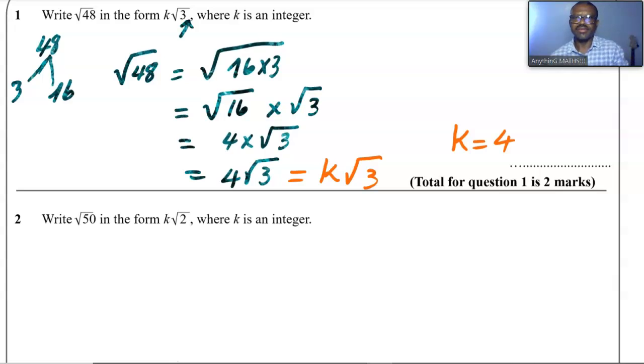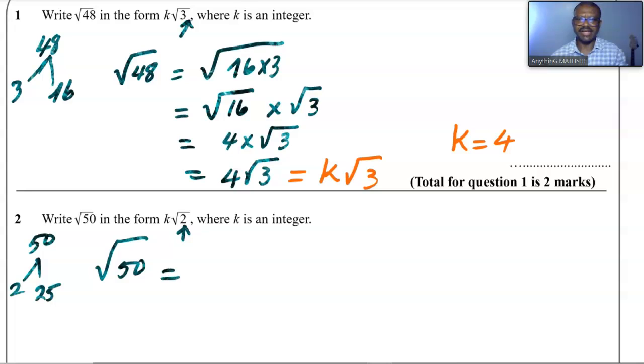The second question, write root 50 in the form of k root 2. We're going to use that same information to our advantage. 50, 2, the square number is 25. So root 50 can be written straight away as root 25 times root 2, because we don't want to waste time.